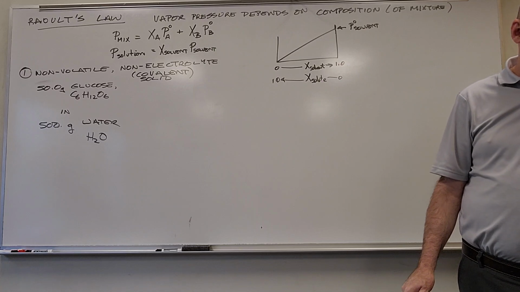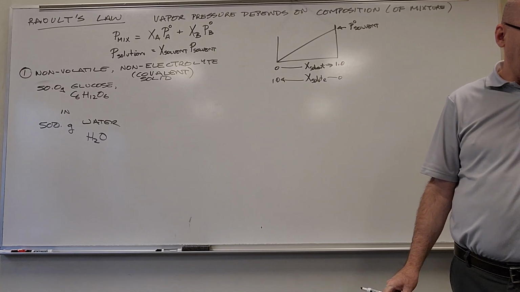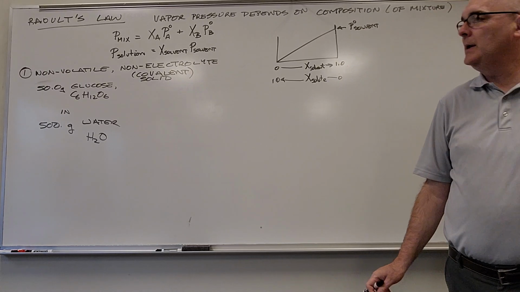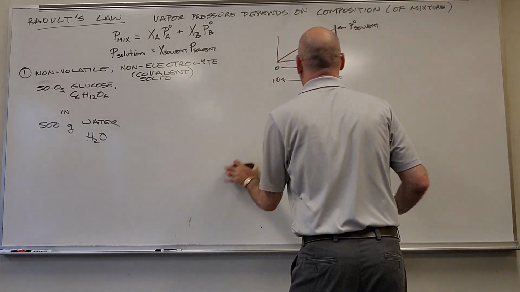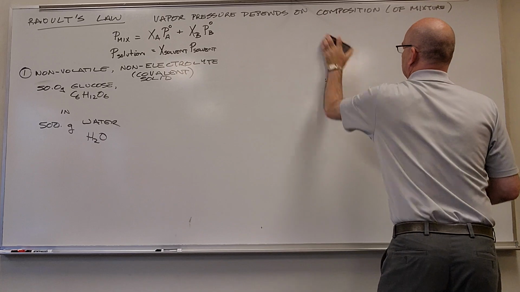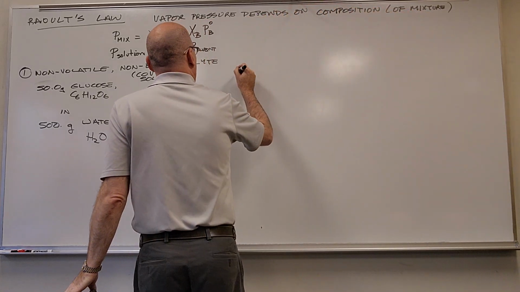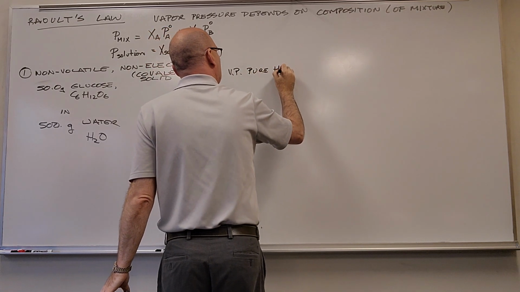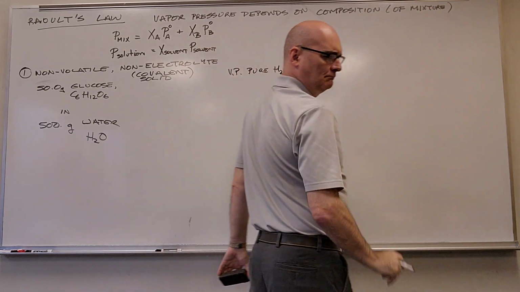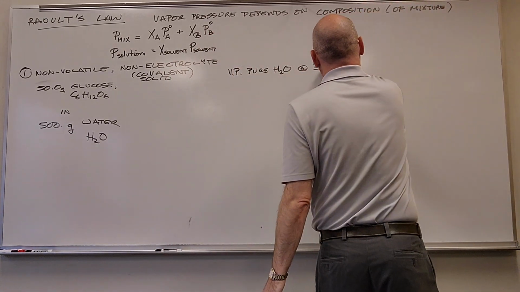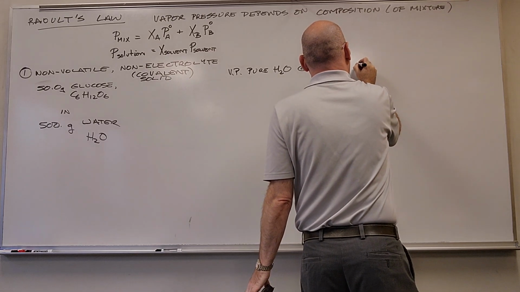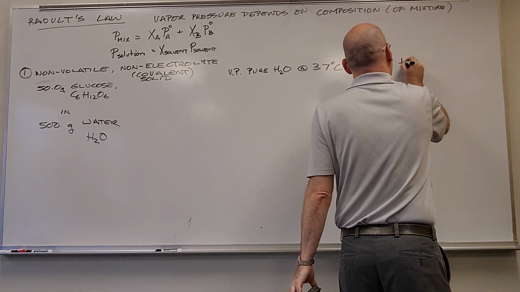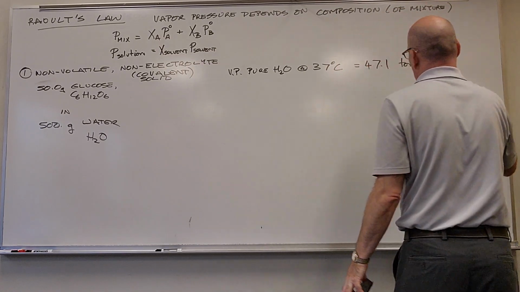The vapor pressure of water at 37 degrees Celsius is 47.1 torr. So, the vapor pressure of pure water at 37 degrees Celsius is 47.1 torr, or millimeters of mercury.